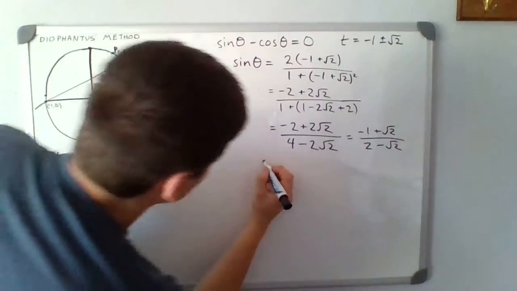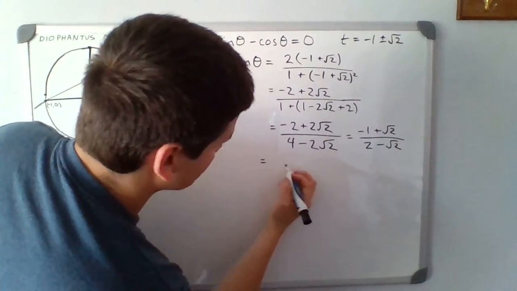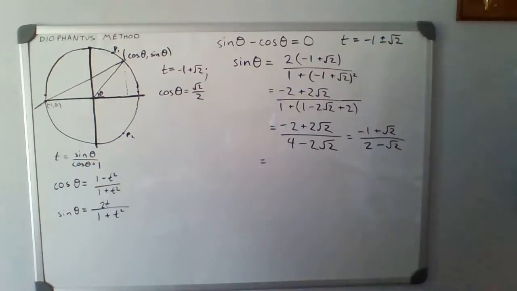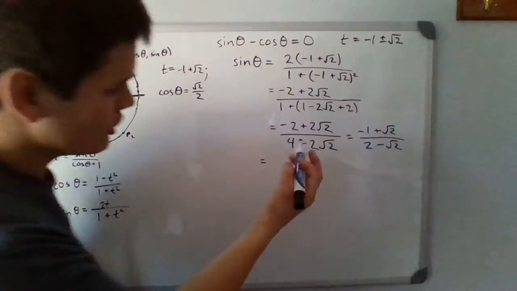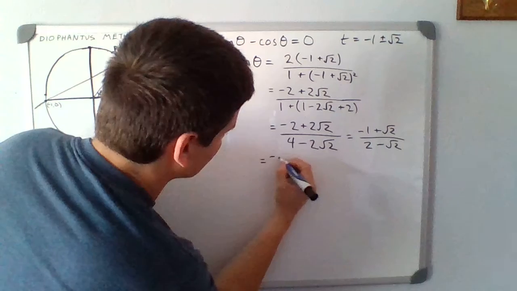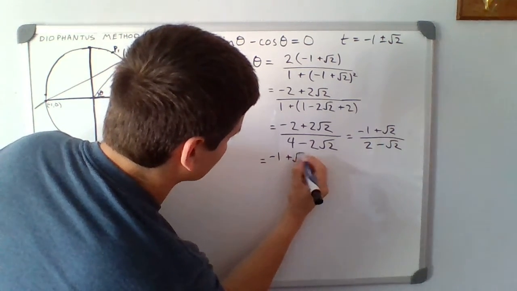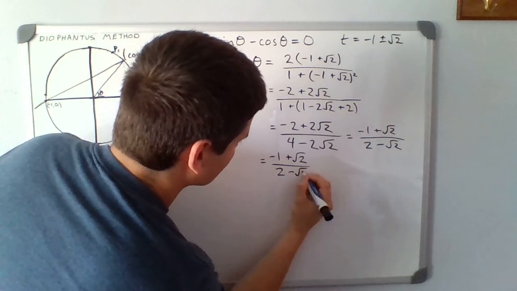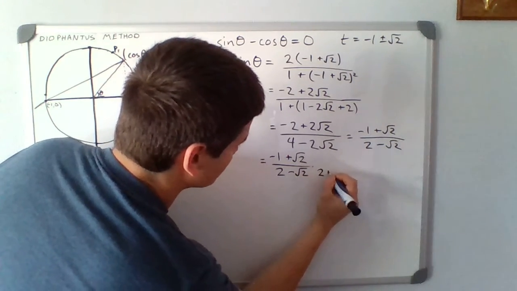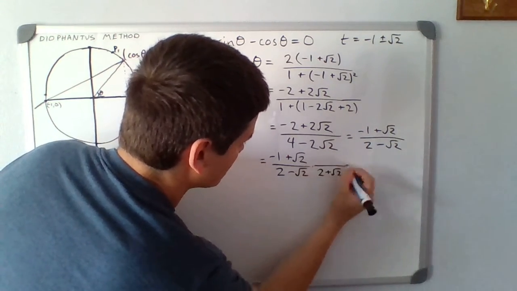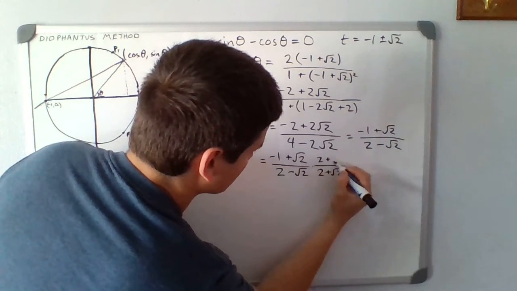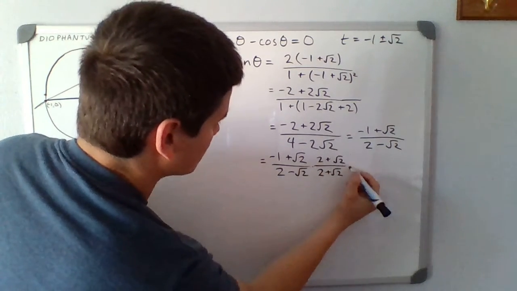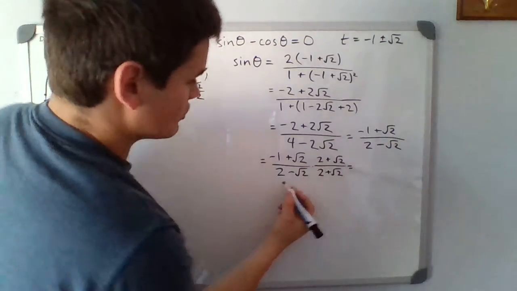Alright, it looks like a similar form to the last one. So now I need to do the same thing I did with the last problem to get rid of this denominator. And so I need to multiply it by 2 plus the square root of 2 to the top and the bottom.